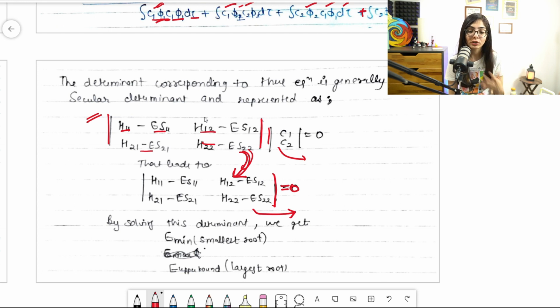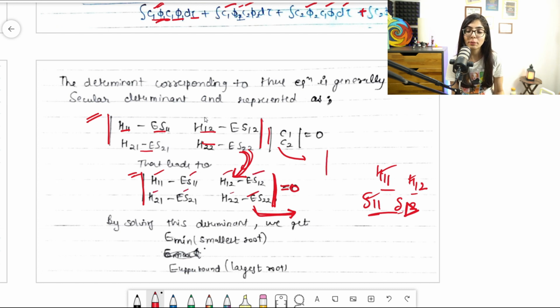But for now, if you get till this form, everything will be given in the question. The question will be given, and you have to convert it in terms of this. Guys, in the exam, what will be there? They will give H11, H12, S11 and S12. So what you have to do is just put these values in this.